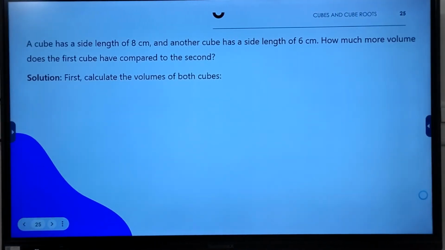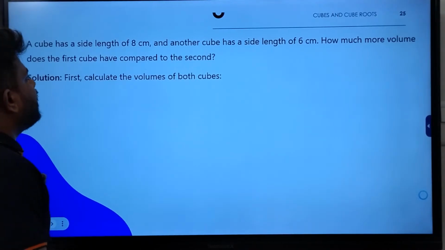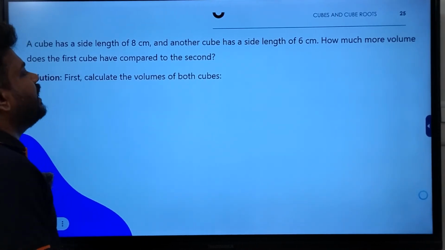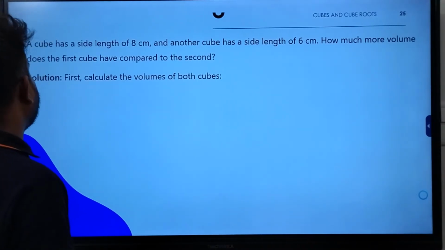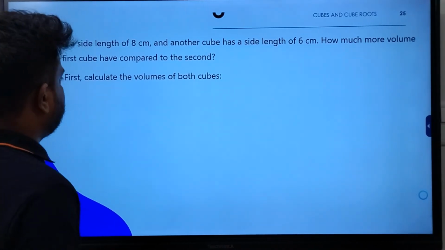A cube has a side length of 8 centimeter and another cube has a side length of 6 centimeter. How much more volume does the first cube have compared to the second?